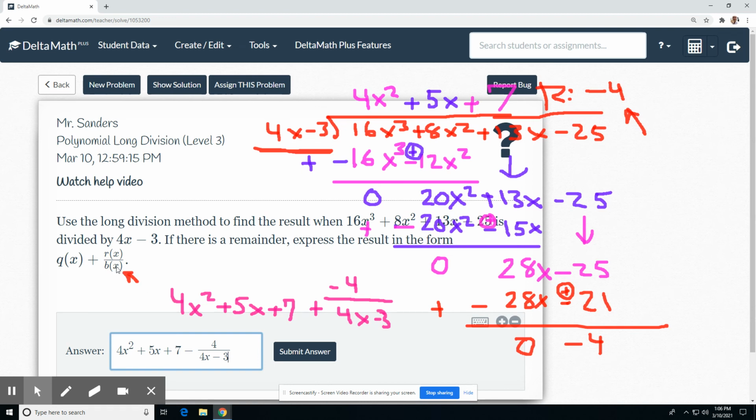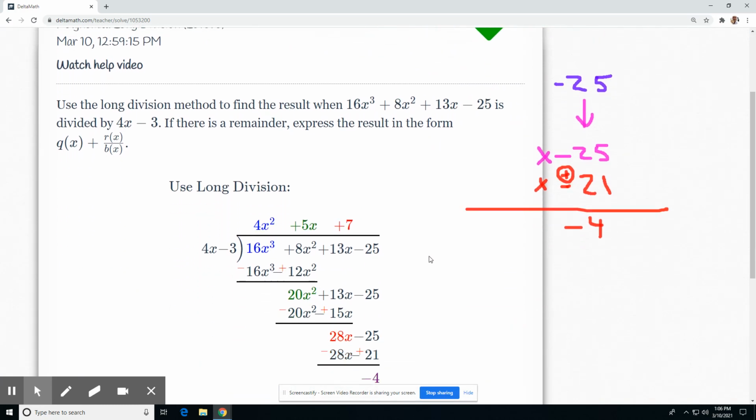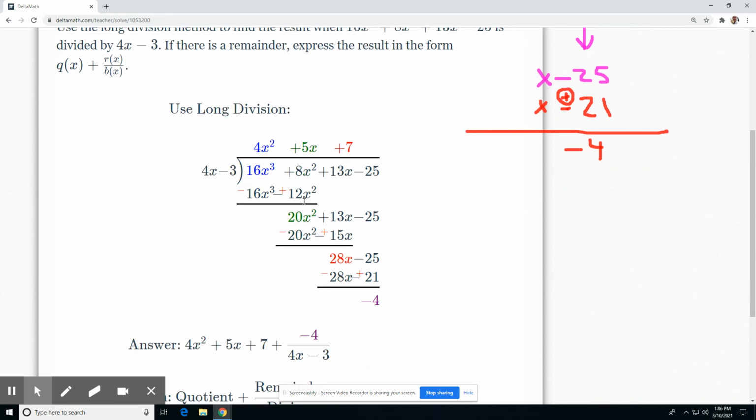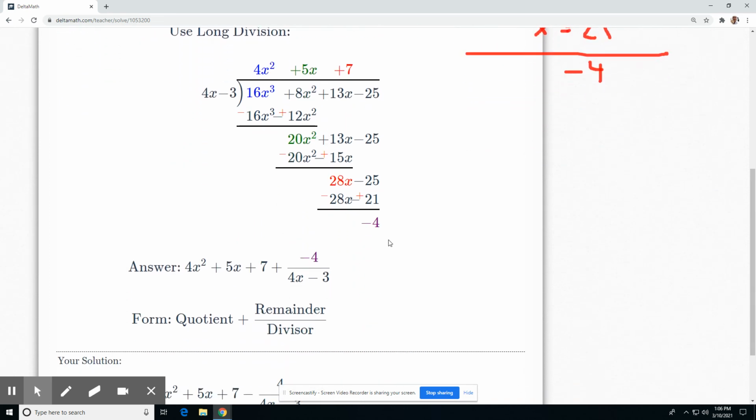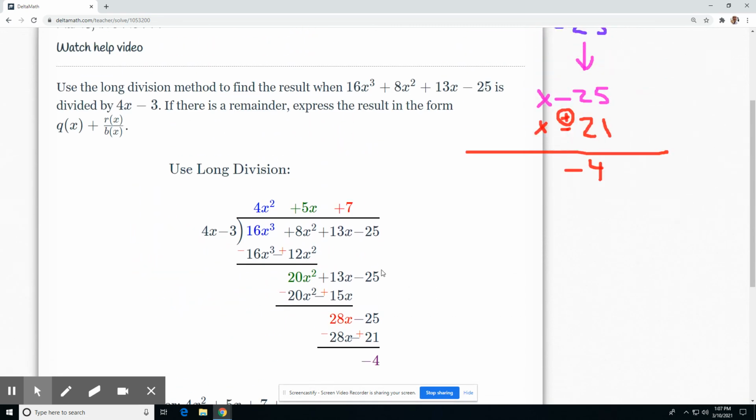So this bottom number is what everything is being divided by. Basically this remainder is still being divided by the 4x minus 3. Then this is the answer that we just found. Okay, got it. All the steps were the same. Hey, they're even doing my trick. Yep, remainder with the divisor. Good. Everything is in descending order.